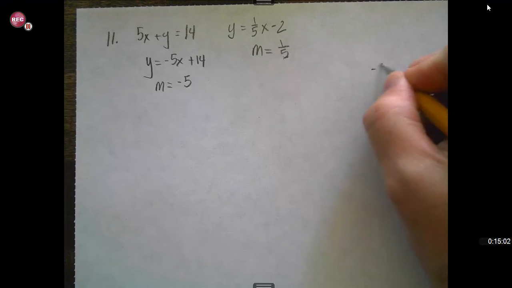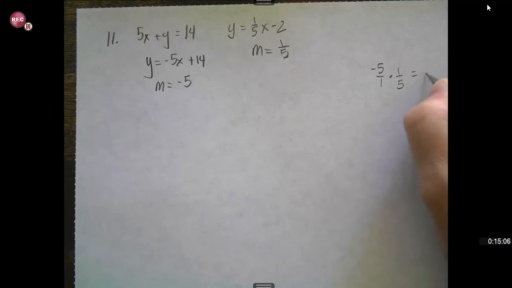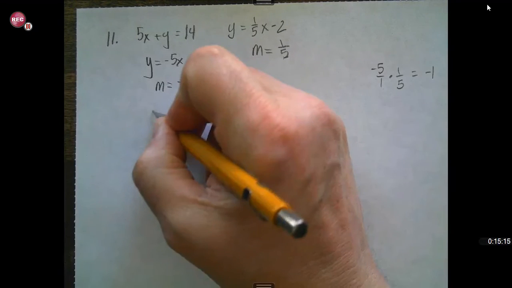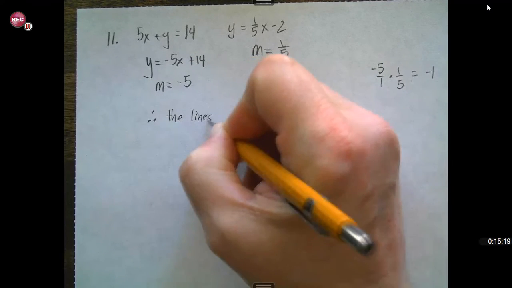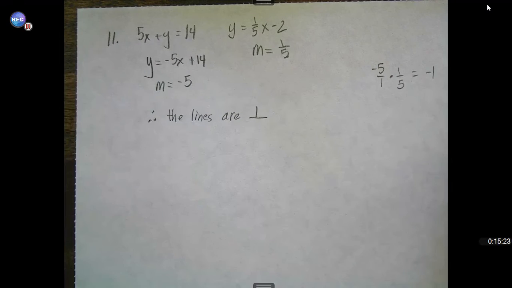If I want to make sure, I can multiply them together. And when I multiply them together, if I get -1, that confirms that they are opposite reciprocals. And if the slopes are opposite reciprocals, therefore, the lines are perpendicular. That's our symbol for perpendicular.